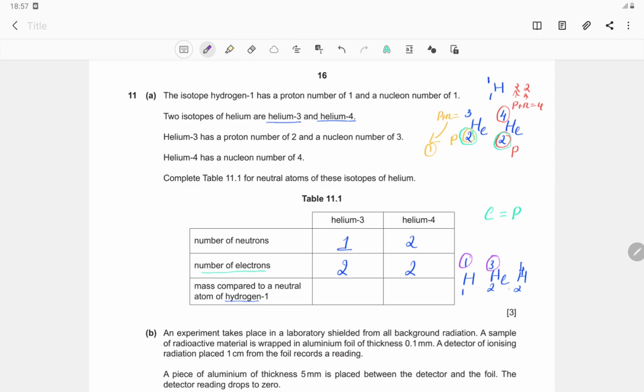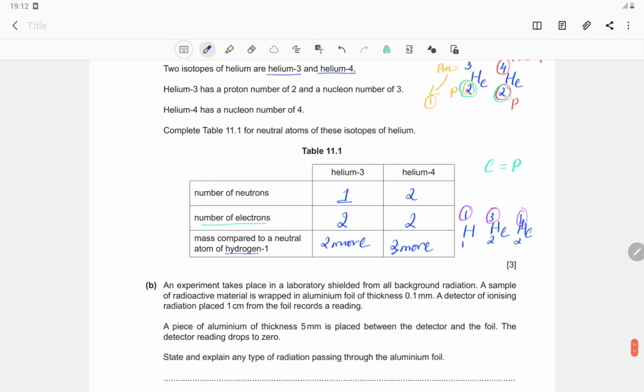Likewise, again hydrogen and helium-4, there is a difference of 3. So you can write down for helium-3 the mass is 2 more than the hydrogen and for helium-4 the mass is 3 more than the hydrogen.